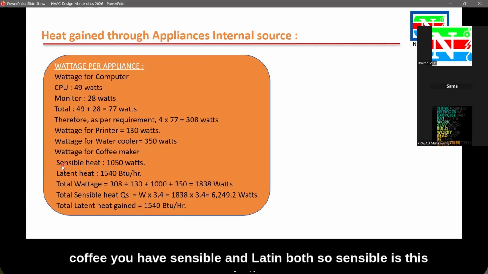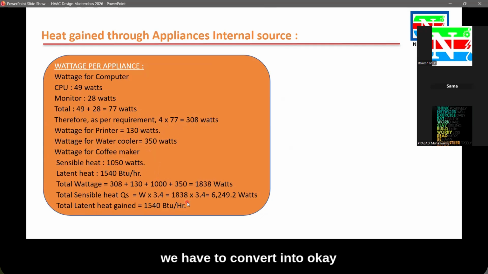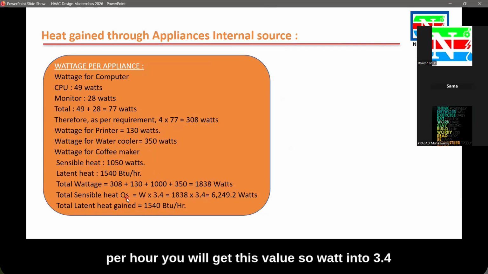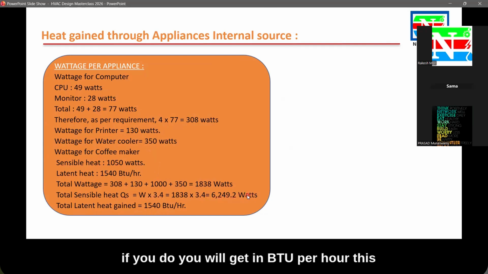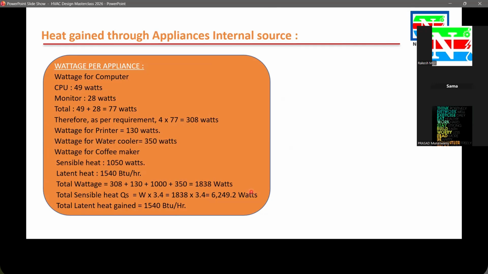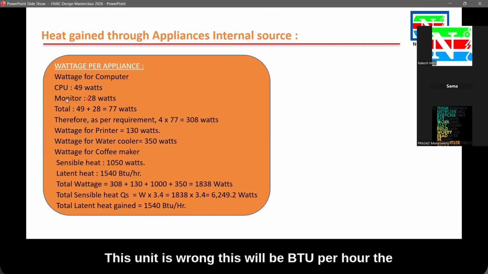For coffee you have sensible and latent both. Sensible is this, latent we have to convert. Once we get this wattage, we have to convert it to BTU per hour. Watt into 3.4, if you do, you will get BTU per hour. This is not in watt, it will be BTU per hour. So this unit is wrong, this will be BTU per hour.